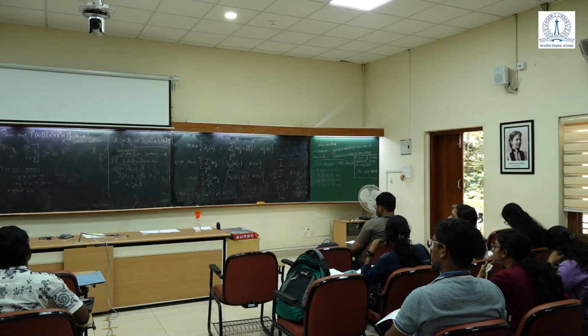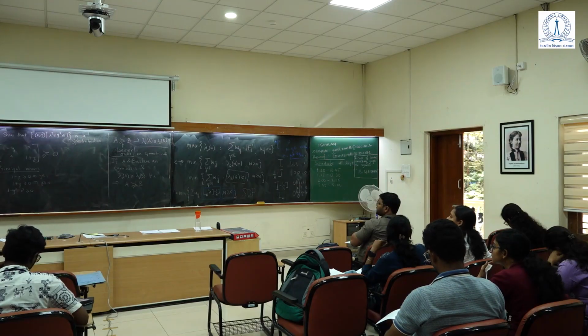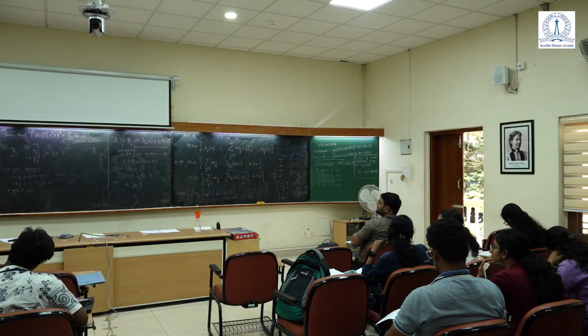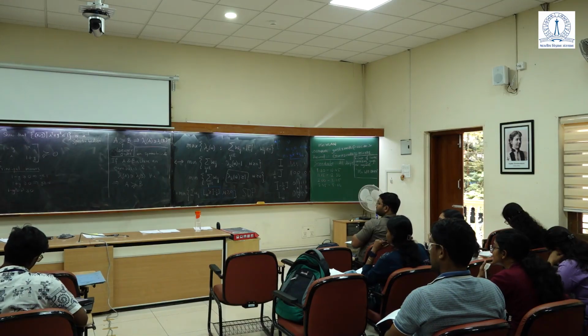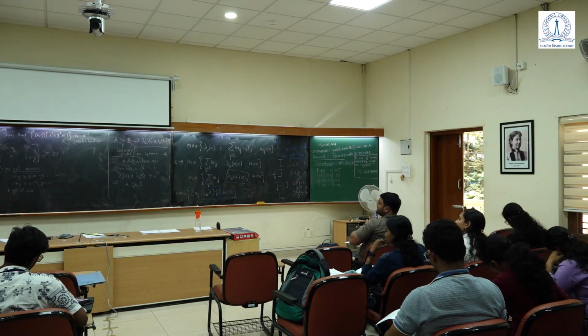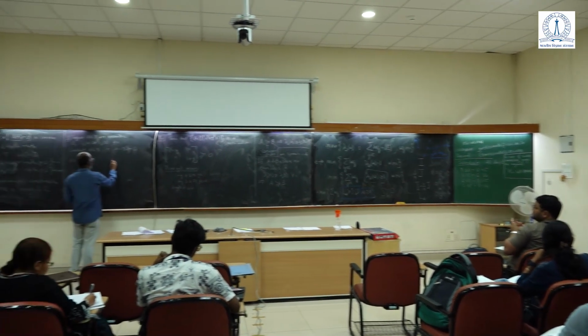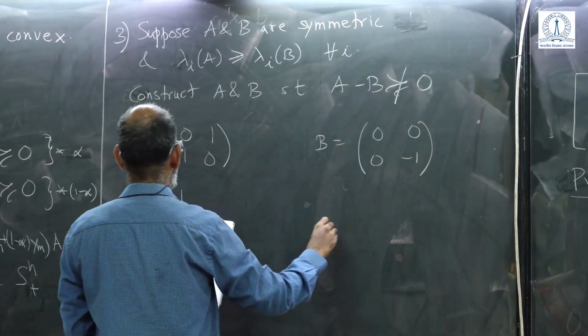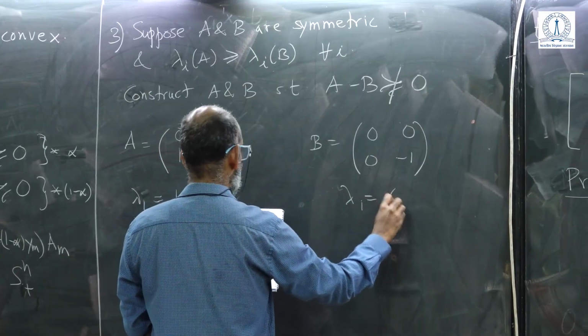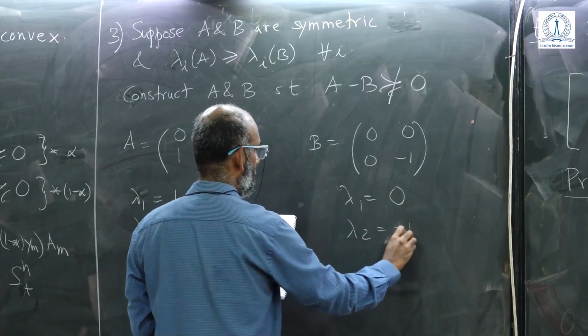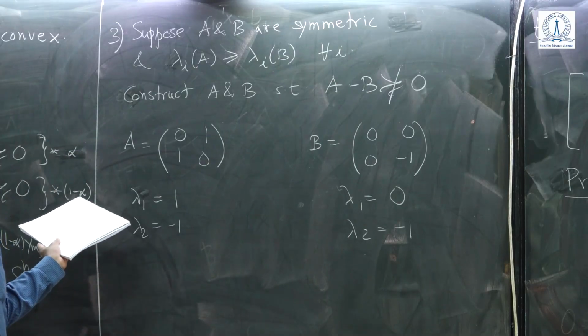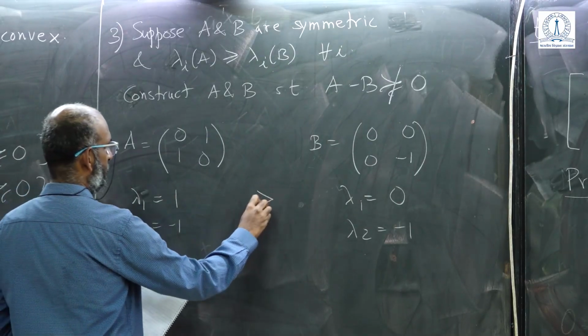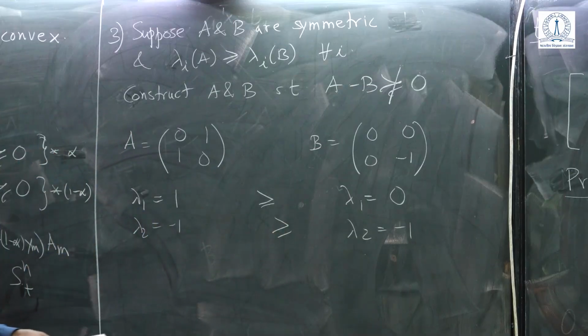So here's an example. A is 0, 1, 1, 0. This has eigenvalues 1 and -1. Lambda 1 equals 1, lambda 2 equals -1, and B equals 0, 0, 0, -1. Lambda 1 is 0, lambda 2 is -1. So that's okay, right?